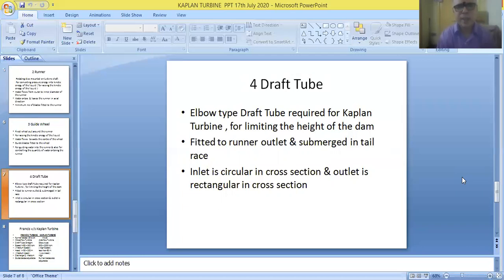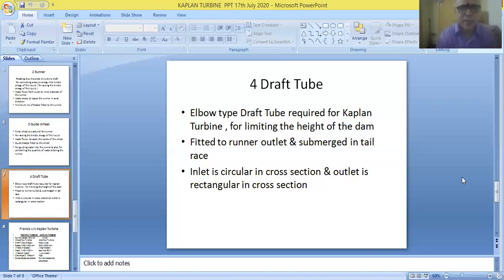So friends, these are the main functions of the draft tube: receiving water coming out of the runner, raising the pressure of water coming out of the runner, and discharging the entire quantity of water onto the tail race. So these are the main activities of this component.